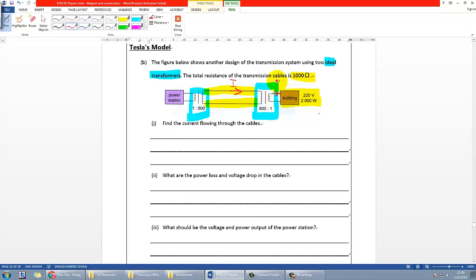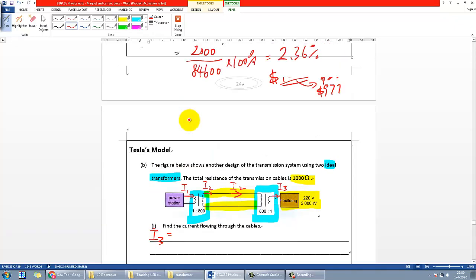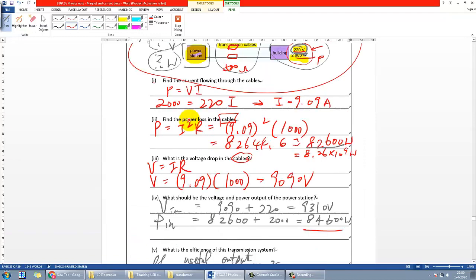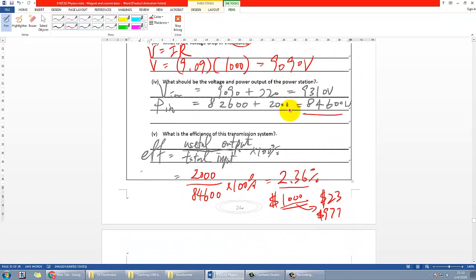We have actually already calculated this one. Let's just give them some labels. If I call this I1 and I2, and then I'll call this I3, then I3, which is the one circulating in the building, was already calculated on the previous page. So let's just take the number, which is 9.09.